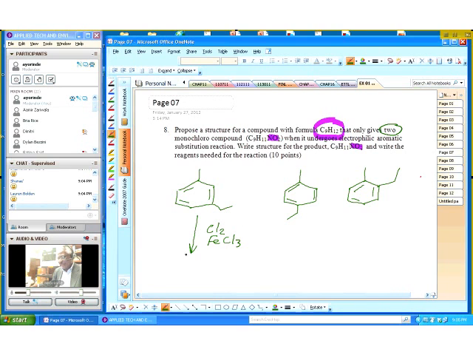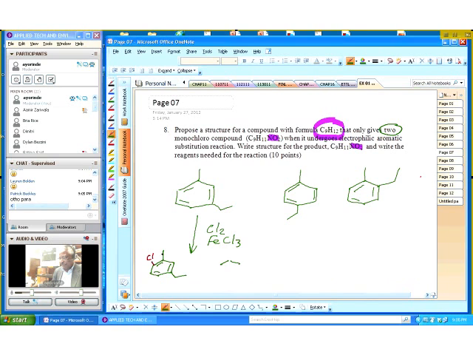Now, if we perform chlorination on this here, let us see how many products we expect to form. This is an ortho-para director, right? So what do you think we are going to form? We have this here. We could form a product here. Let's put chlorine here. That would be 1 product.